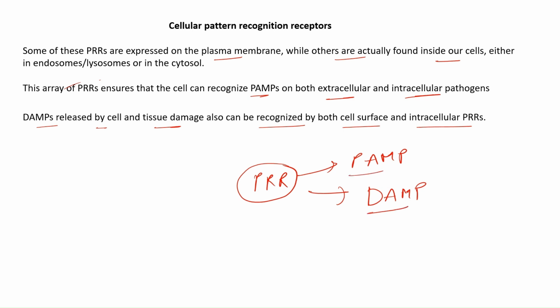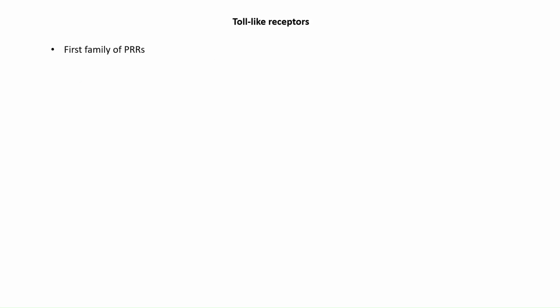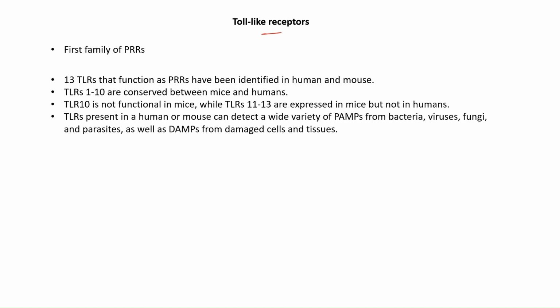Now this PRR can be extracellular or intracellular in nature, and it can identify PAMPs and DAMPs that are extracellular or intracellular in nature. Now these receptors are of different types. So the first type of such receptors are called toll-like receptors. This is the first family of PRR. Now, a total of 13 toll-like receptors that function as PRR have been identified in human and mouse.